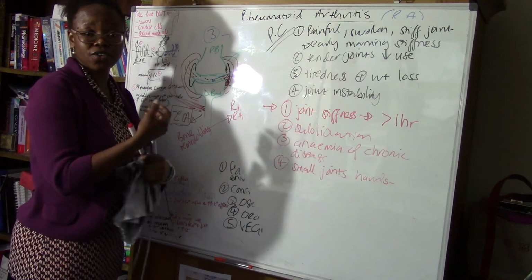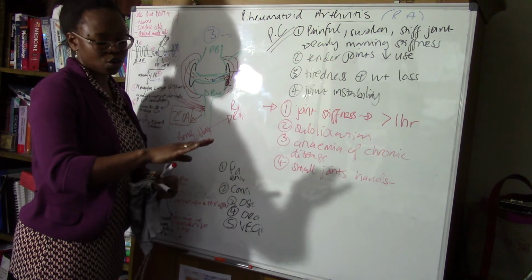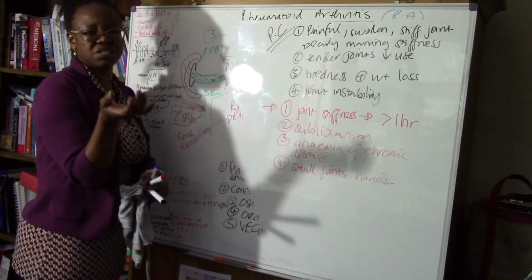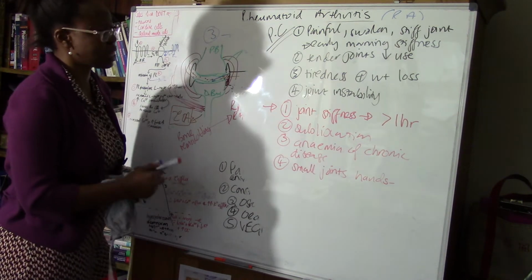It can also affect the wrist joints, leading obviously to ulnar deviation. It can also affect the elbows. We see a lot of rheumatoid nodules in the elbow.